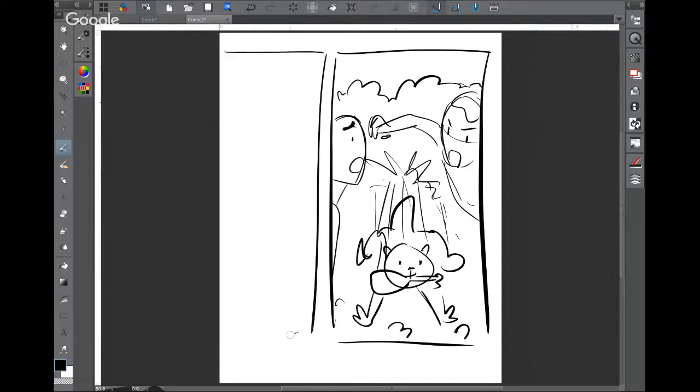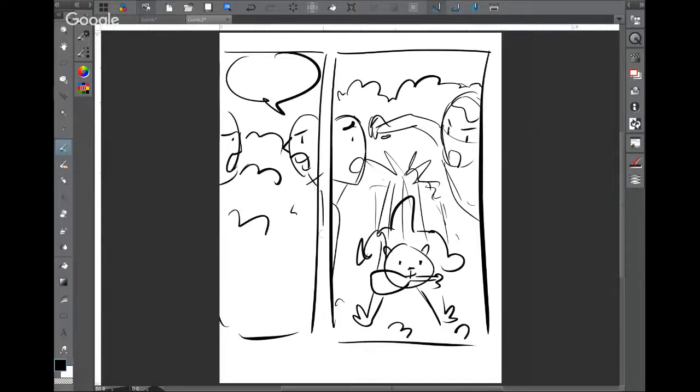So the question was, do we do the "not this again" panel in an extra panel beforehand, then show the creature smash through the bush, and then the other character being like, "What?" Big question mark balloon, right? Or do we have the character say, "Not this again"?